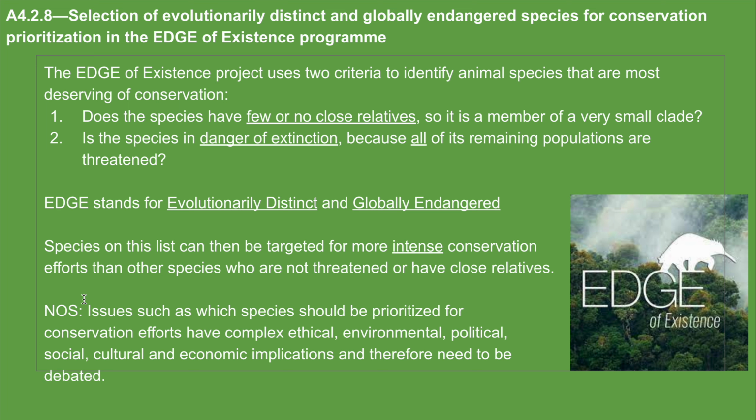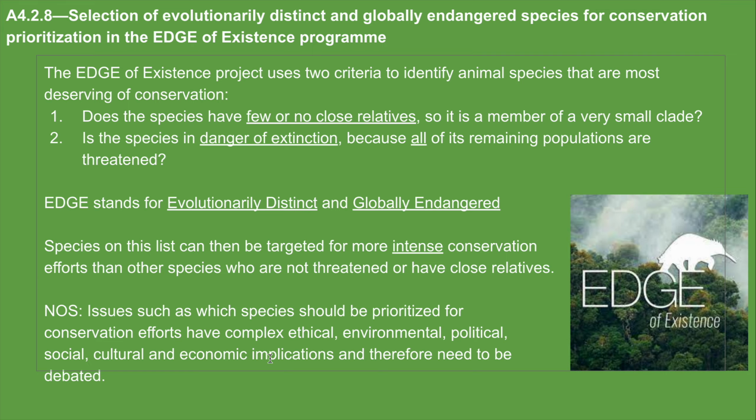Quick nature of science moment to end with. Issues such as which species should be prioritized for conservation efforts have complex ethical, environmental, political, social, cultural, and economic implications, and therefore need to be debated.